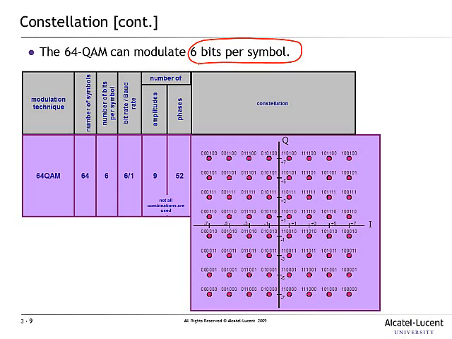So LTE has this capability by which, if you have an excellent channel quality, it will tell you to use 64 QAM. If your channel quality is not so good, but still reasonably good, you will be asked to use 16 QAM. And if your channel quality is really bad, it will tell you to use QPSK.